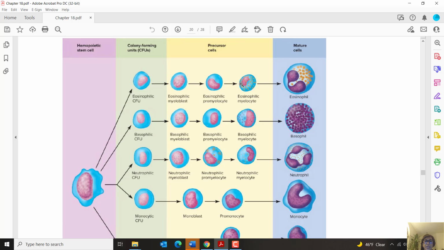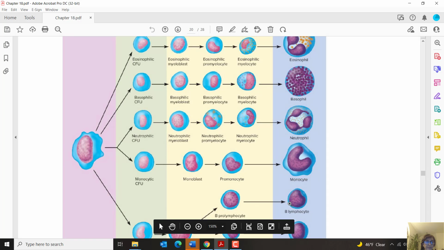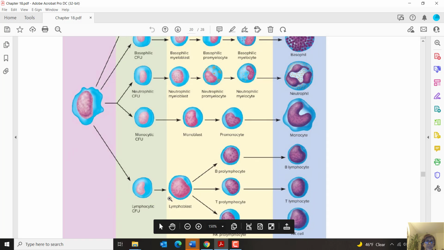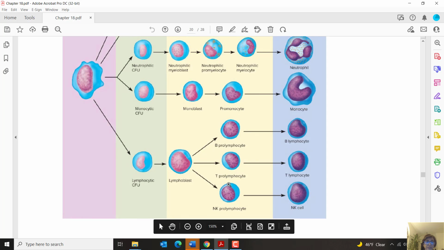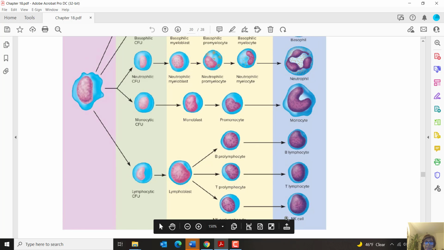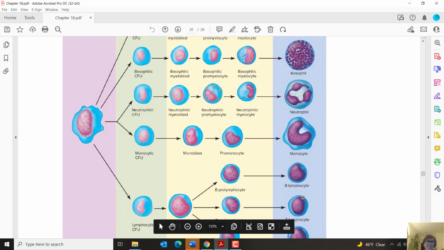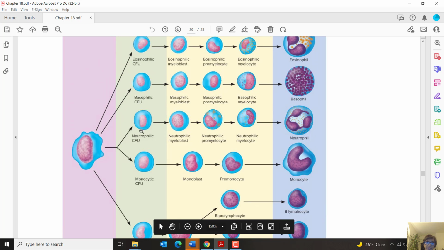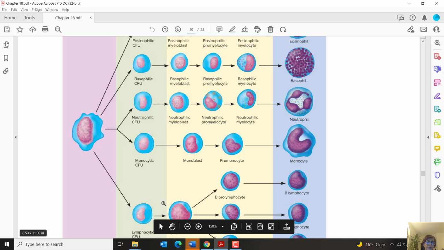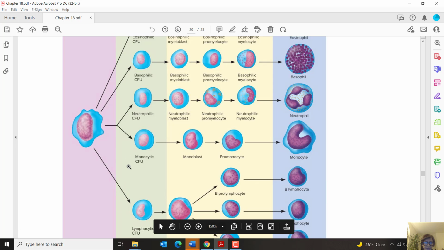But the lymphocyte comes from a completely different line called lymphocytic CFU, and this is going to produce the B lymphocytes and the T lymphocytes and natural killer cells, through the pro-lymphocyte. So the lineage is common for these four, but is different for lymphocyte from the beginning.